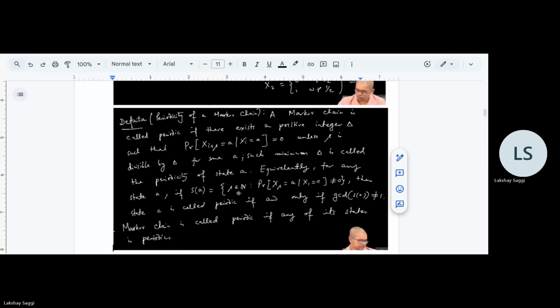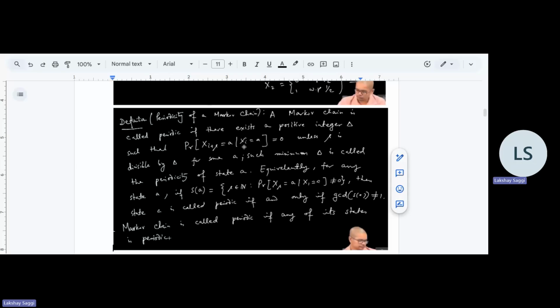So essentially, periodicity is the timing interval, let's say delta, such that if you take the time intervals t plus delta, t plus 2 delta and so on, then the probability at any point of time between these intervals is actually zero.